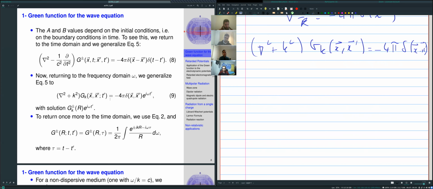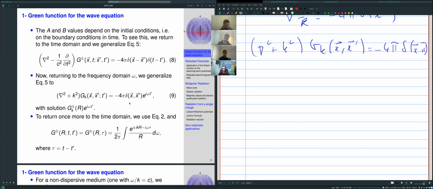Now, in the Fourier domain, this delta function is really simple. If I take the Fourier transform of this part, we are taking the Fourier transform in time. And so the Fourier transform in time of the delta is just the oscillating exponential, right? I mean, if I take the Fourier transform of a spike, it's going to give me an oscillating exponential, okay?